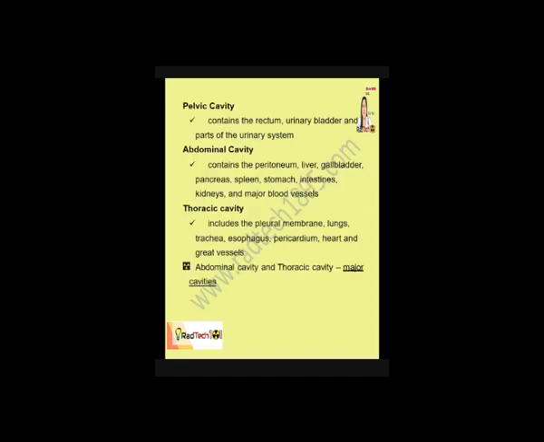Next, we have the body cavities. So, we have pelvic, abdominal, and thoracic cavity. But the only two major cavities are abdominal and thoracic. Pelvic cavity, actually kasama na siya dito sa abdominal cavity. Later may picture ako dyan. Pelvic cavity contains the rectum, the urinary bladder, and other parts of the urinary system.